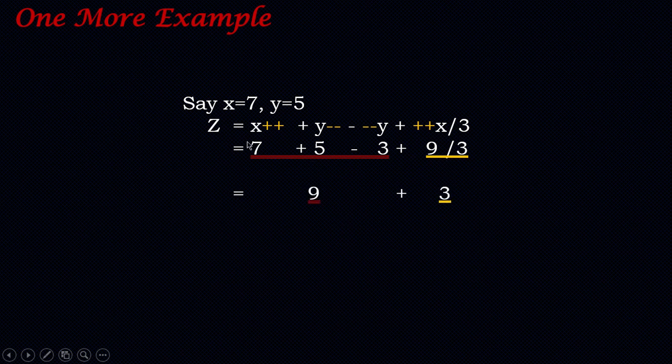So this part yields the result 9 and this part is the result 3, and finally we are having the value 12 stored in our equation. Hope you have understood. So let us carry forward. If not, then again please go through the pre-increment and post-increment so that you can grasp the idea fully.